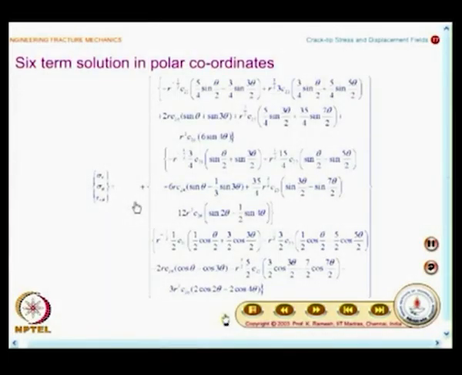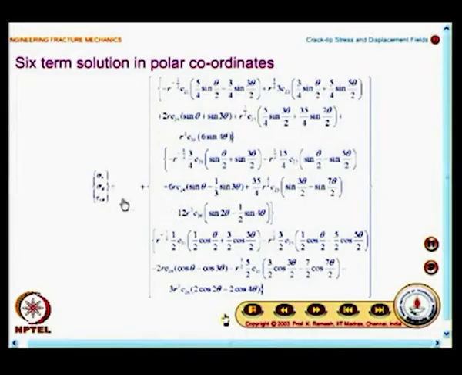So, now for mode 2, for all the mode 2 terms, you have the coefficient starting as C2.